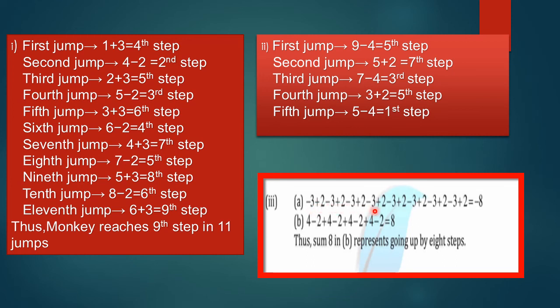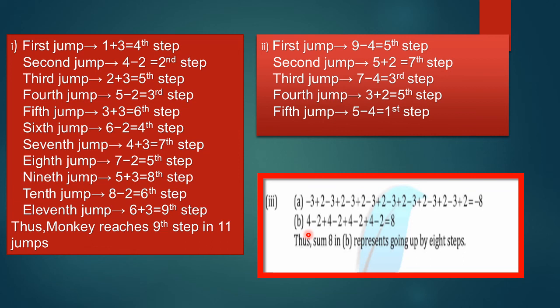First jump, second jump, third jump, like that it goes on. So 3 steps down, that is minus 3, 2 steps up, that is plus 2. Like this, when you do this, we get here minus 8.